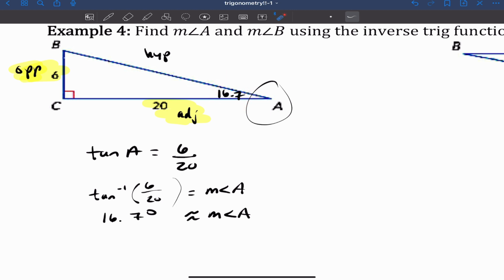16.7, which we found before. This is 90 degrees, so I can figure out what measure angle B is by the sum of the interior angles of a triangle. It's this plus this equal to 180, right? So to figure out measure angle B, again, I'm just going to do 180 minus 16.7 minus 90 degrees.